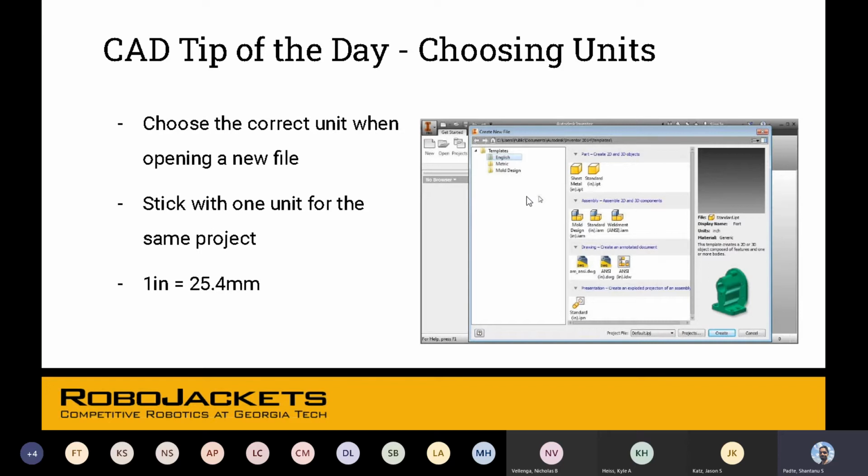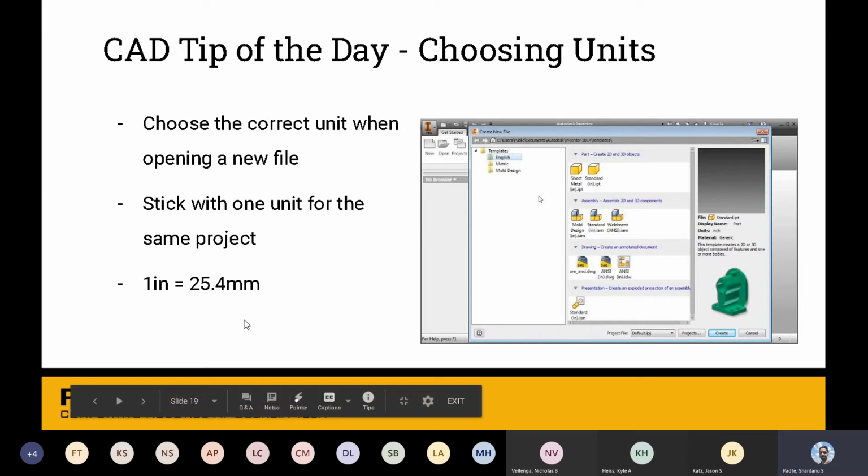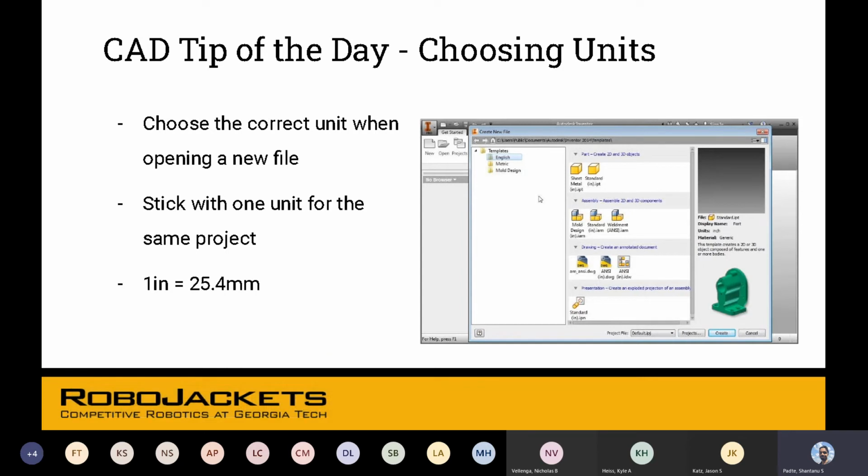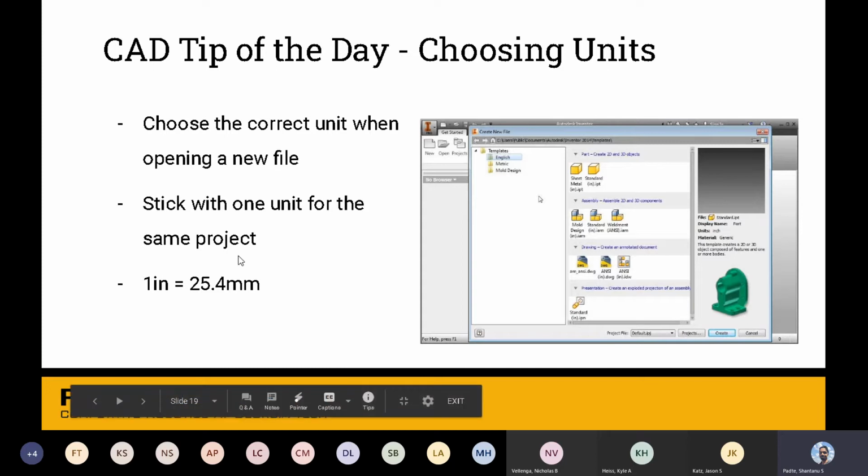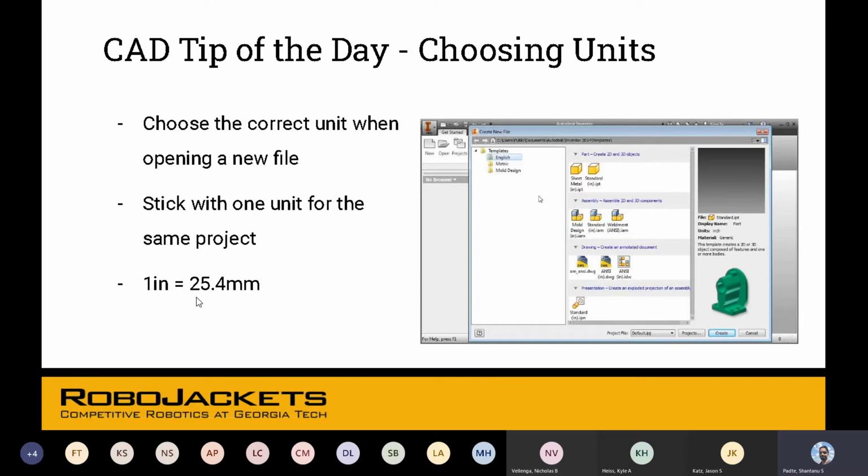But you can choose millimeters or inches and just stick with one throughout your project. Often you'll have multiple people working on different parts. So if you started off a new part in inches and you realized everyone is using millimeters, you can just change your properties. And in case you have to, you can also just scale your parts by 25.4.